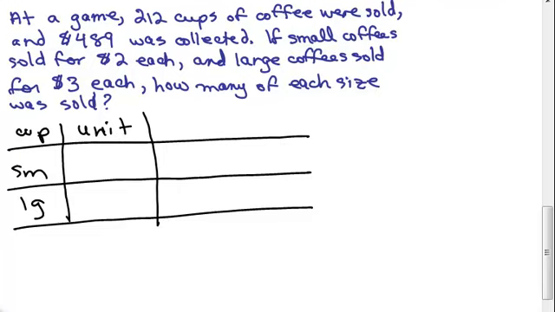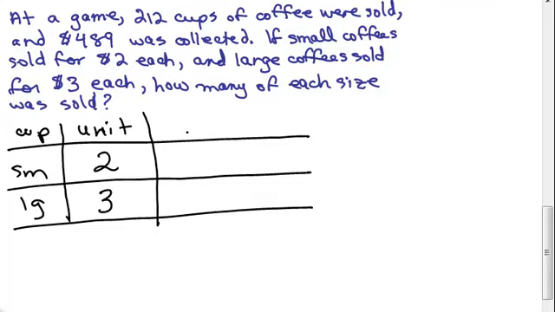And since everything seems to be in dollars, I'm going to keep everything in dollars instead of writing everything in terms of cents. If I wanted to write everything in cents, I would think of $2 as 200. But in dollars, a small coffee goes for $2, so 1 cup of coffee is $2, and 1 large cup of coffee is $3.